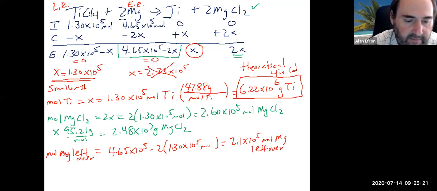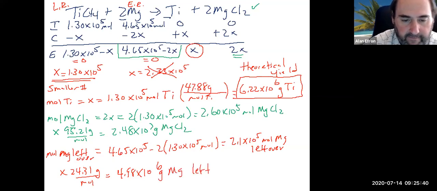And again, if we multiply that by the molar mass of magnesium, which we have, we would have something like 4.98 times 10 to the 6 grams of magnesium left over.